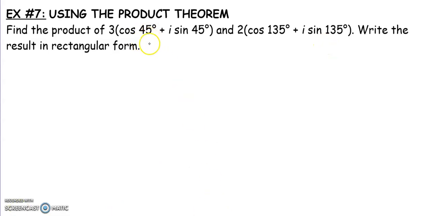Alright, so to find the product of these two vectors, we are going to multiply the r values together, and then we're going to take the theta values and add those together. So when I'm looking at this, I can see that R1 equals 3. We got that from right there.